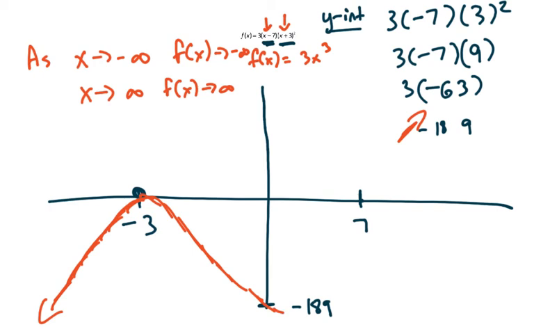And I don't know, maybe it immediately turns, or maybe it goes down a little bit and then turns. I don't know, but I know eventually it's going to go up. And it's going to cross through 7 because x minus 7 is odd. And it's going to look something like such. Okay? So this would have a multiplicity of 2. This would have a multiplicity of 1. Okay?